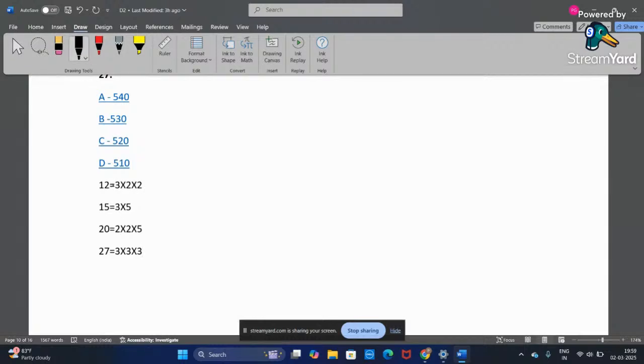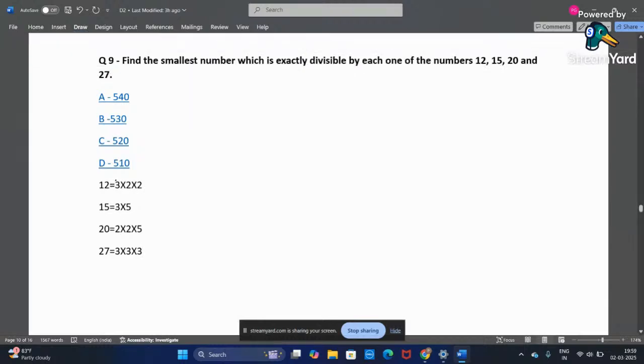What is common here? This 3, right? 3 and 5. Yes. And this 2 and this 2. Right? Then what are the remaining?